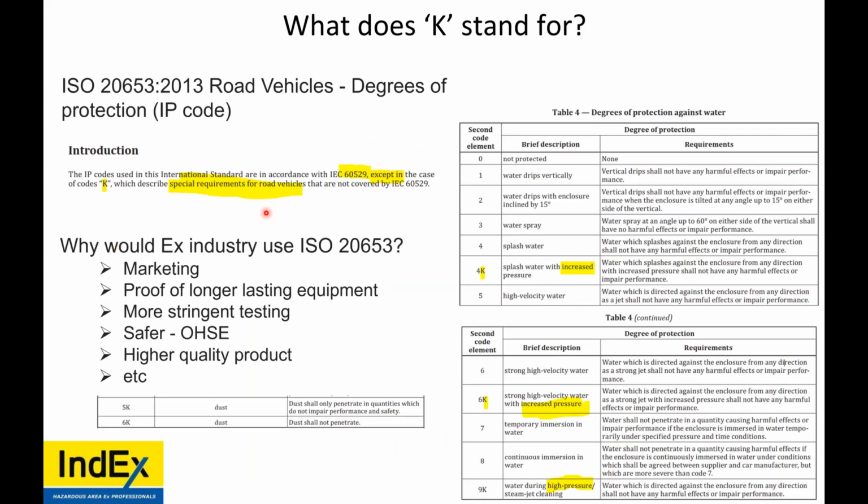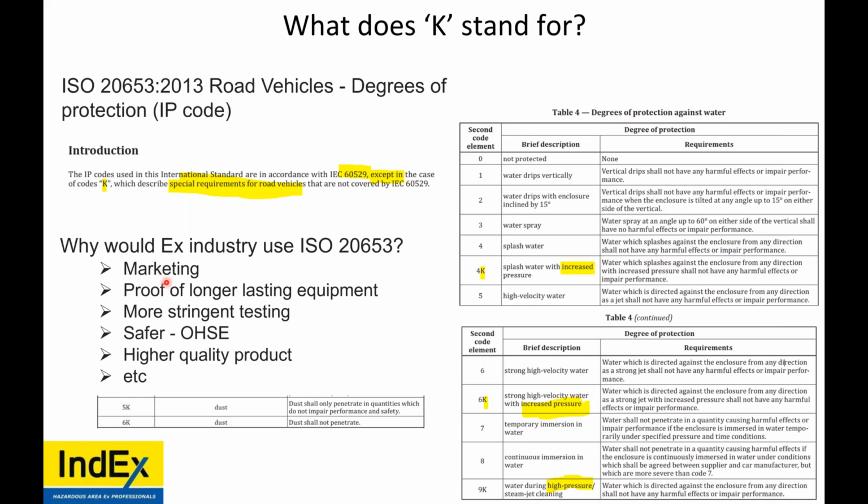Now, this standard says specifically IP codes are derived from 60529, except where K is called for, which describes the requirements for road vehicles. Now, why would the EEHA hazardous area industry use this standard? Marketing, obviously. Proof that their equipment is longer lasting, that it's gone under more stringent testing, it's safer.